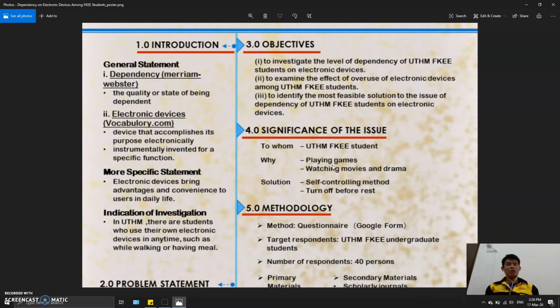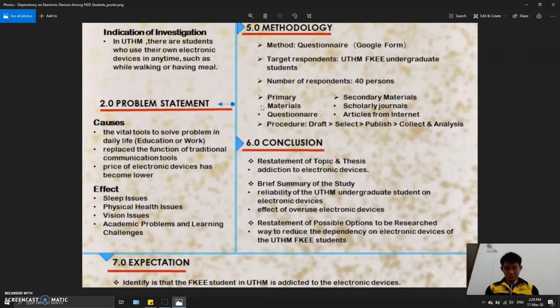Based on this situation, we decided to carry out a study to investigate the dependency of electronic devices among FKEE students, as well as the effect brought by the electronic device. Besides, the finding of this study will play a crucial part in developing standard measures in order to overcome this negative phenomenon.